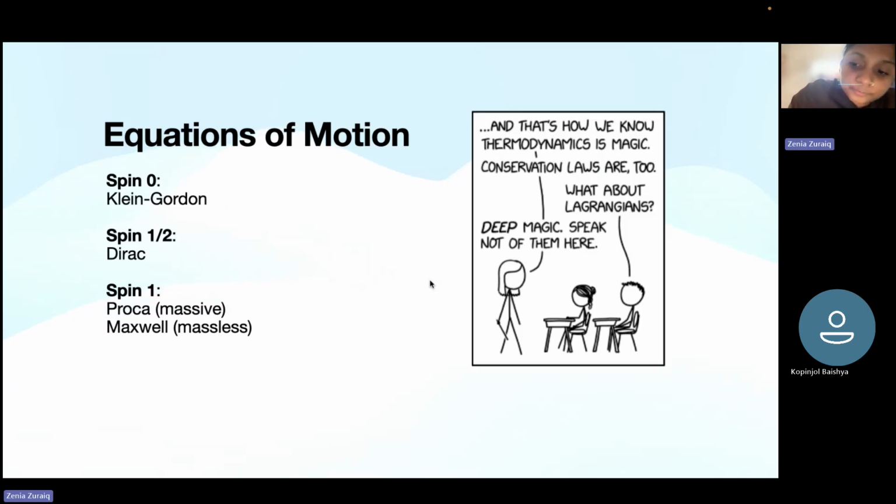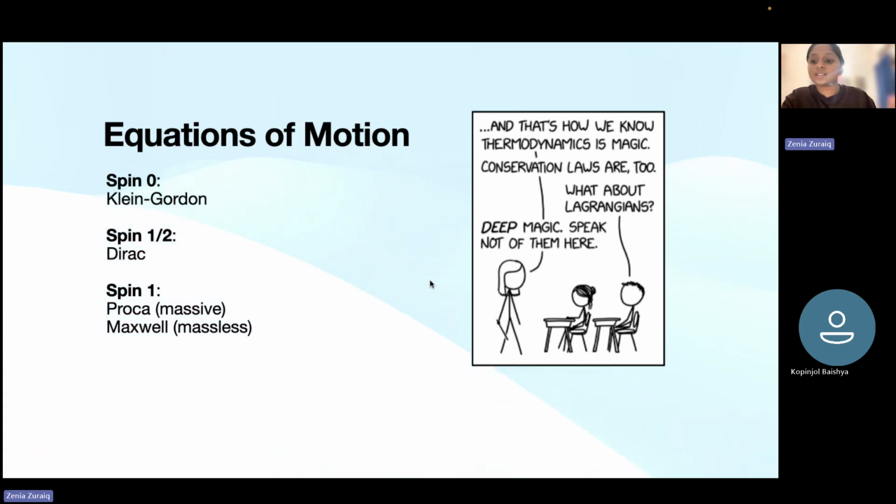Okay, so as you know, we have spent the last few weeks talking about how there are different kinds of particles, and the particles' behavior and degrees of freedom and other things depend on what kind of spin it has, and that on its own gives you an idea of what kind of equation of motion it follows.